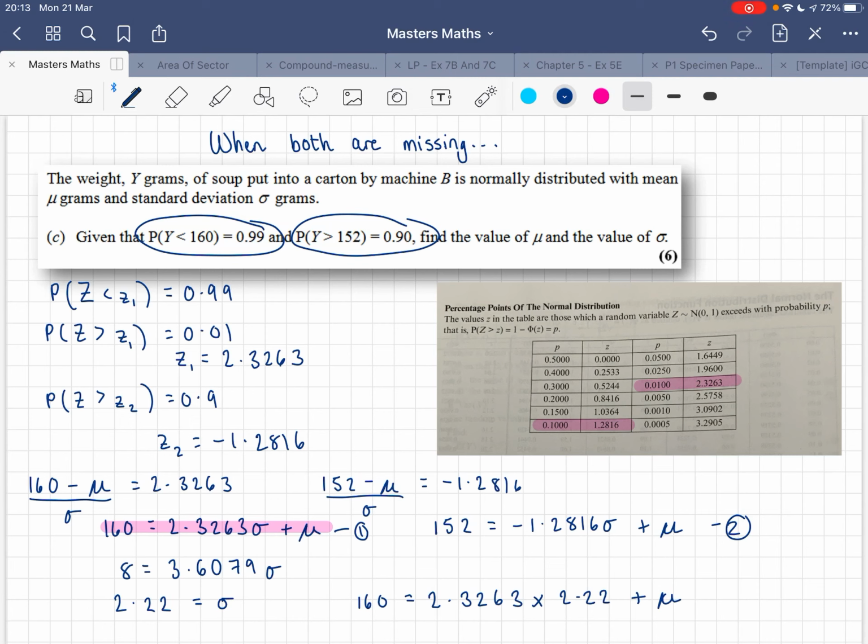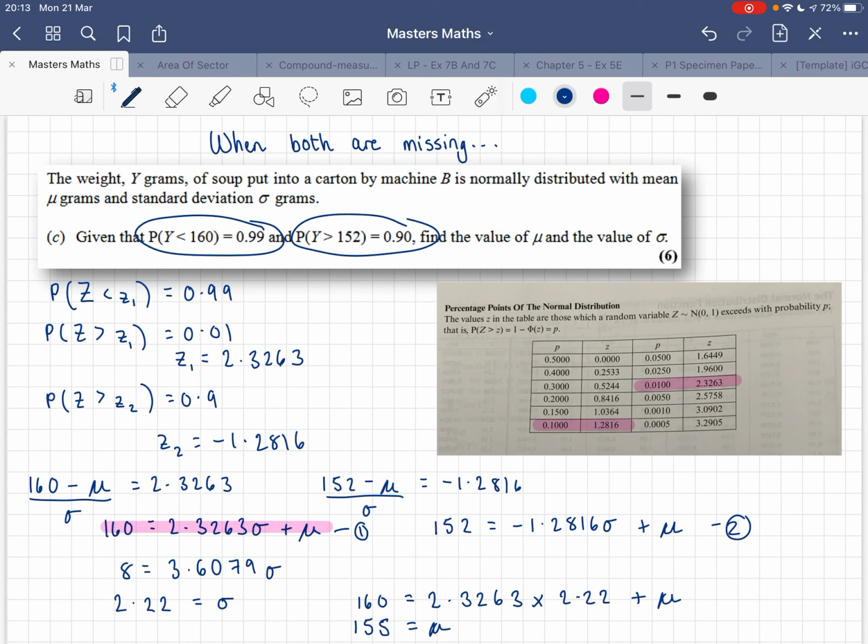I'm going to subtract that from 160, which gives me 154.8. To 3 significant figures, 155 is equal to mu. So my mean is 155 and my standard deviation is 2.22.